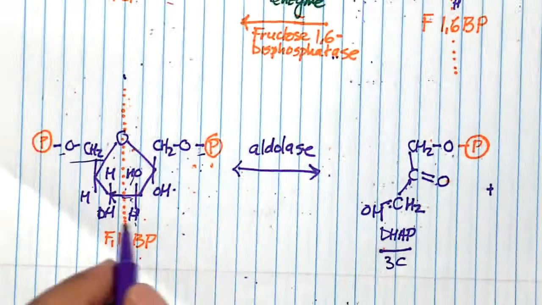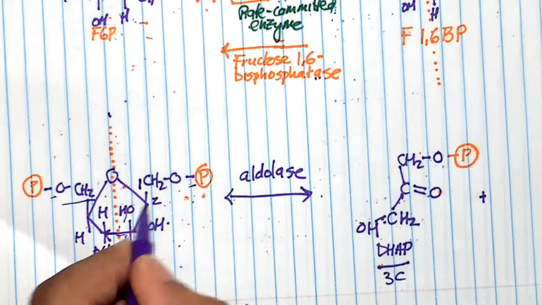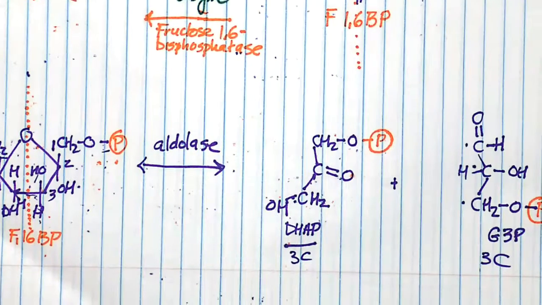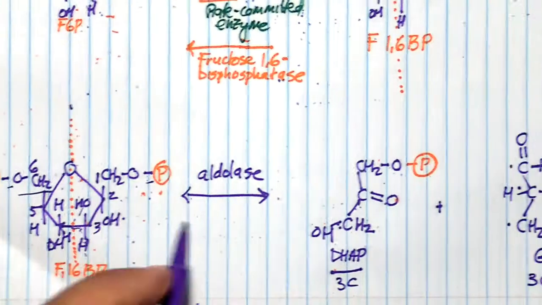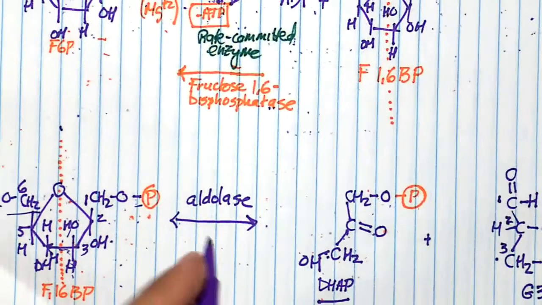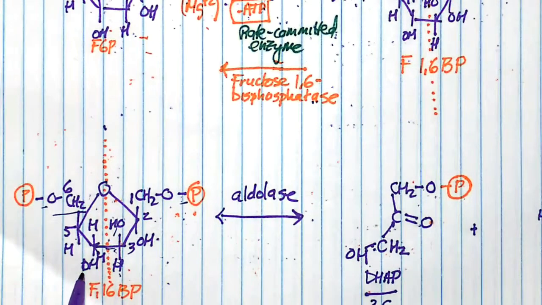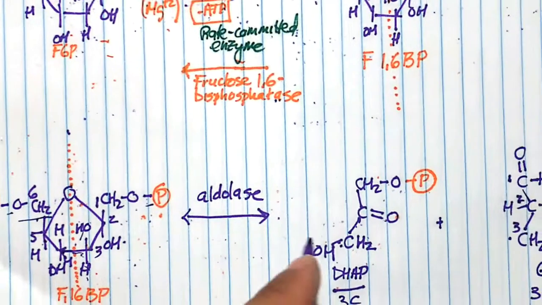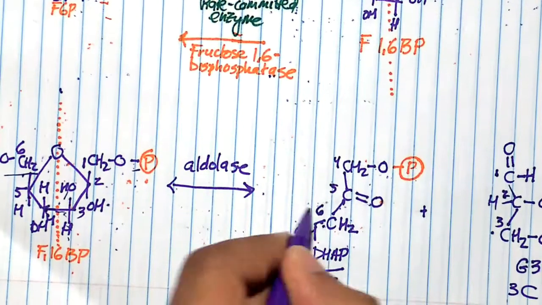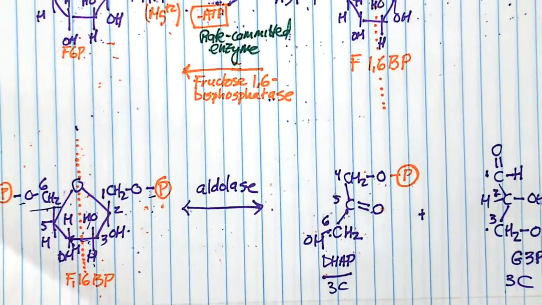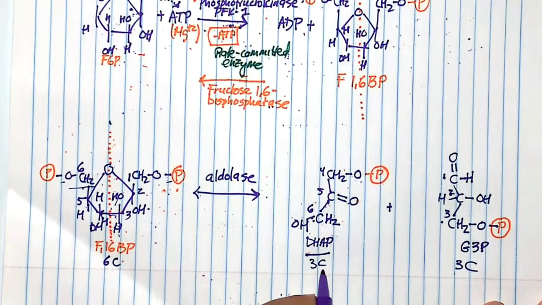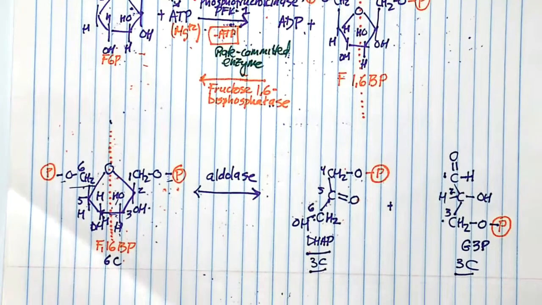This thing is 6 carbons, right? 1, 2, 3, 4, 5, 6. If you want to continue the tracking of carbons, this is going to be carbon 1, 2, 3. That was 1, 2, 3, and then 4, 5, 6 becomes 4, 5, 6, if you're just tracking along the carbons. Okay, so 6 carbons get split into one 3-carbon molecule and another 3-carbon molecule.